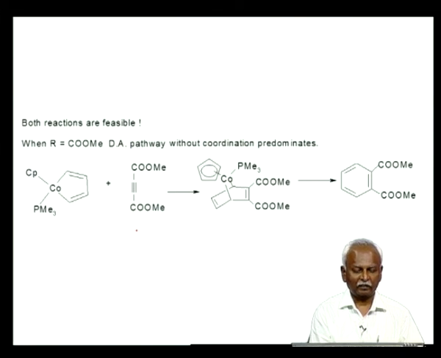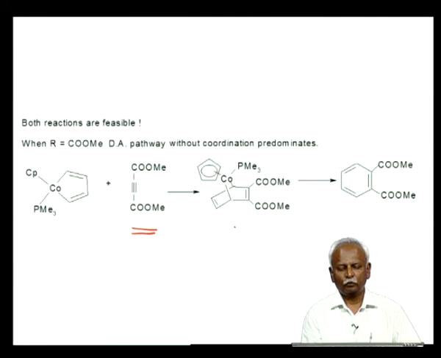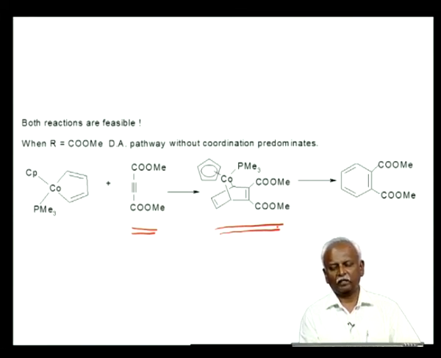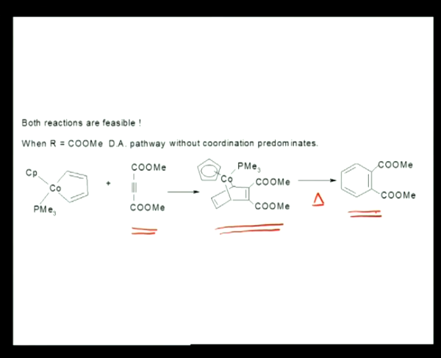So, if you have dimethyl acetylene dicarboxylate, which is a very good dienophile, then you can in fact isolate an intermediate like this, where you have PMe3 coordinated to the cobalt, and a compound can be generated which will on heating generate dimethyl phthalate. So, these are some reactions which have been carried out where you have oxidative addition and a coupling reaction and an insertion reaction, or it is a Diels-Alder reaction.